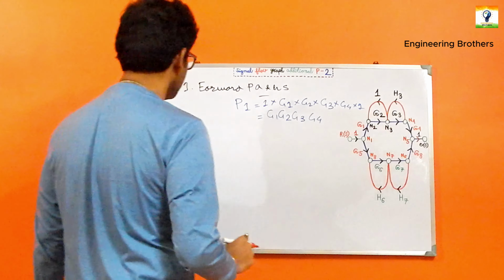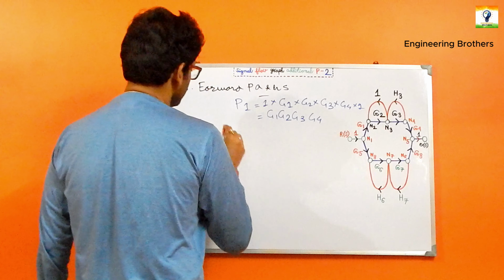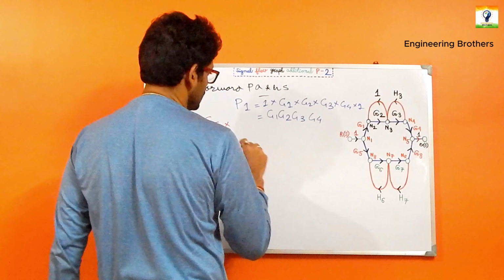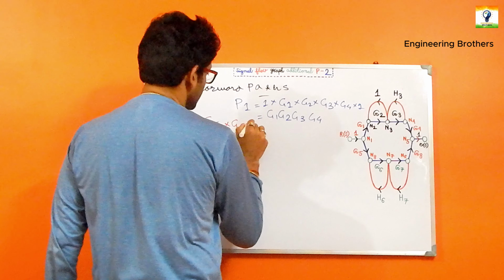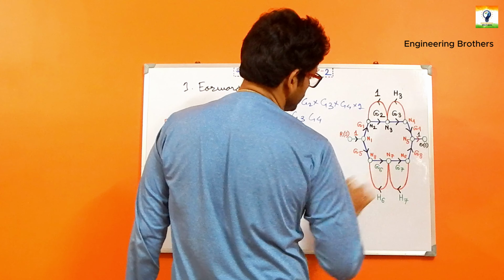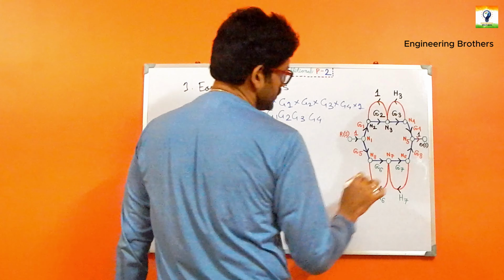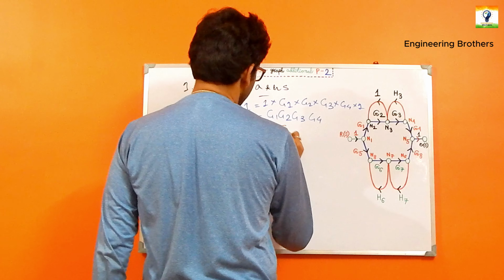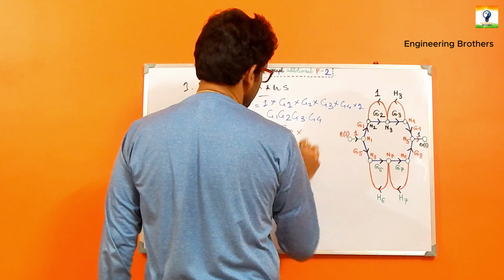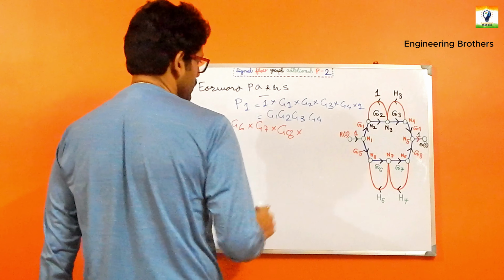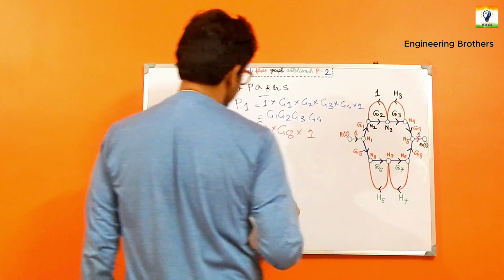Now, between N1 and N8 the gain is G5. Between N8 and N7 we have the gain G6. Next, between N7 and N6 we have G7, and between N6 and N5 we have the gain G8, and for the last part between N5 and C(s) we have the gain 1.